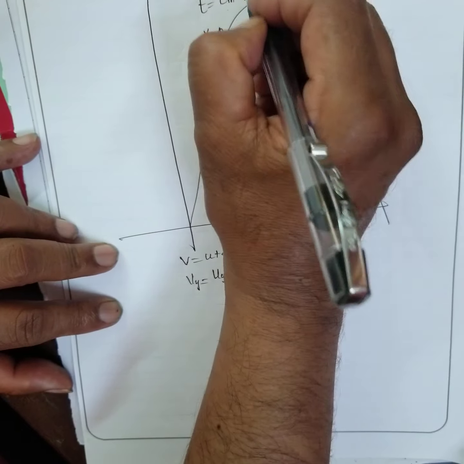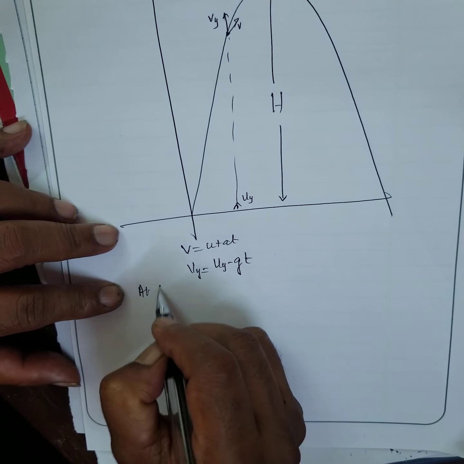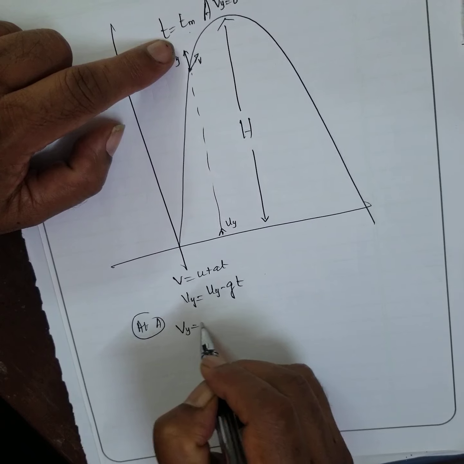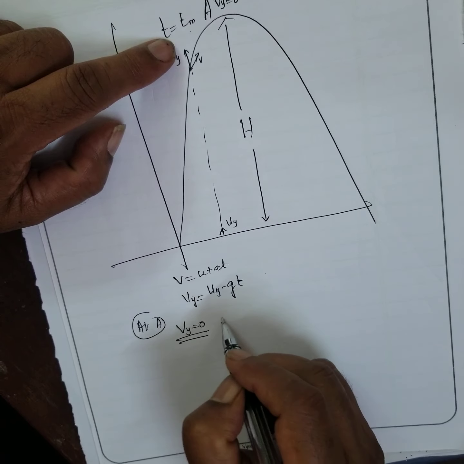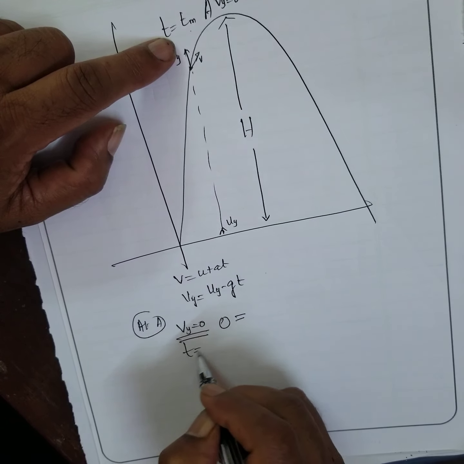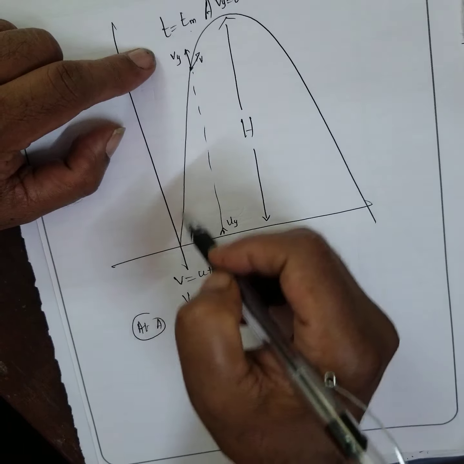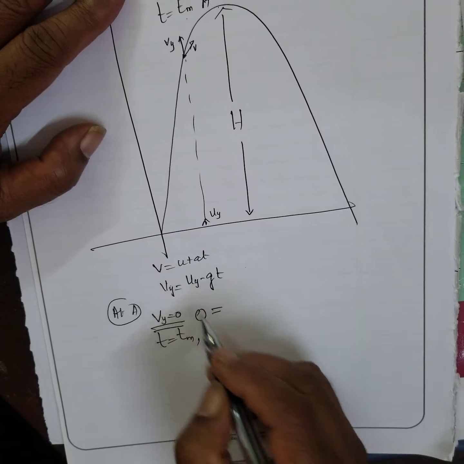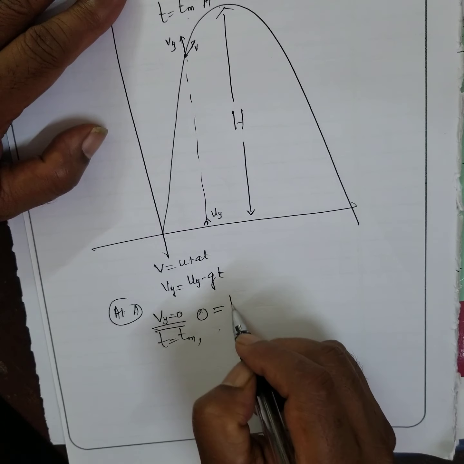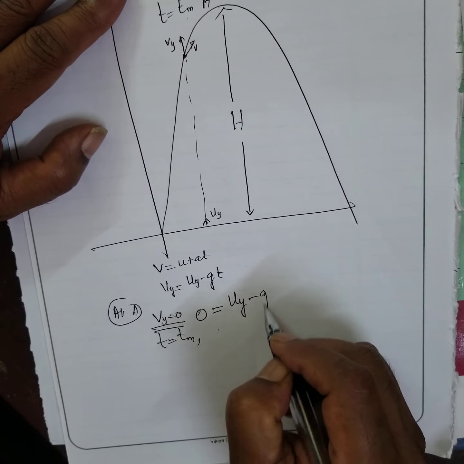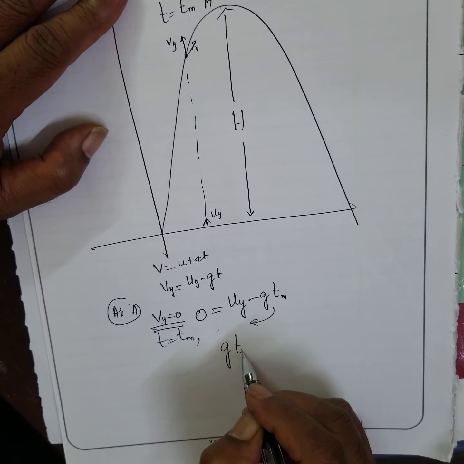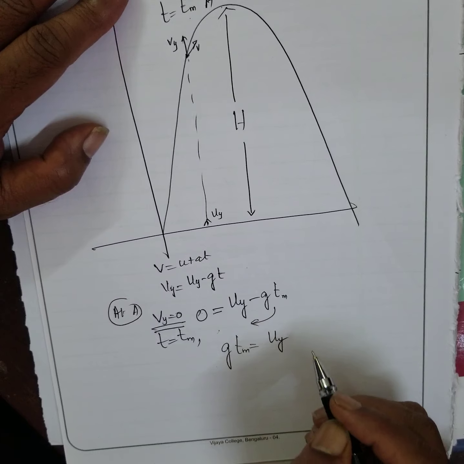At this point A, Vy equal to 0. 0 is equal to Uy minus g Tm, where t becomes Tm, the time required to reach the maximum height. You bring this to this side, g Tm is equal to Uy.